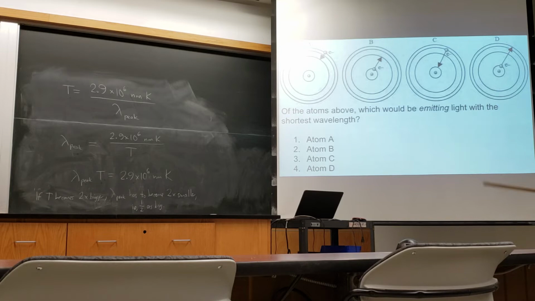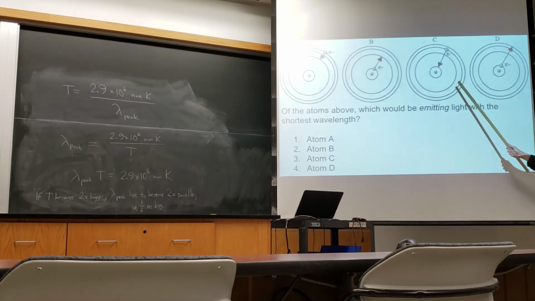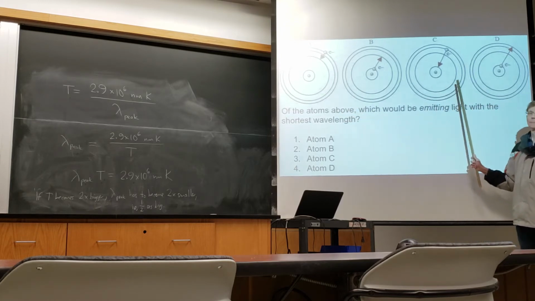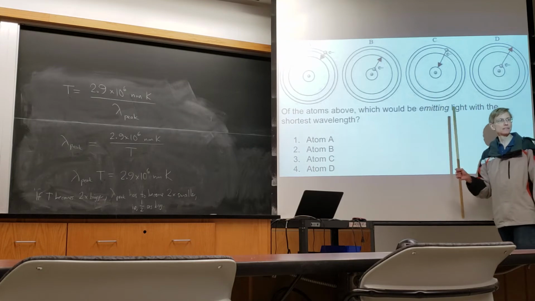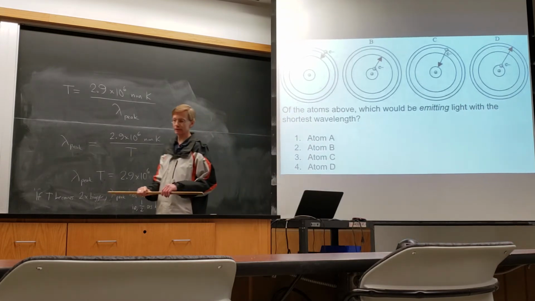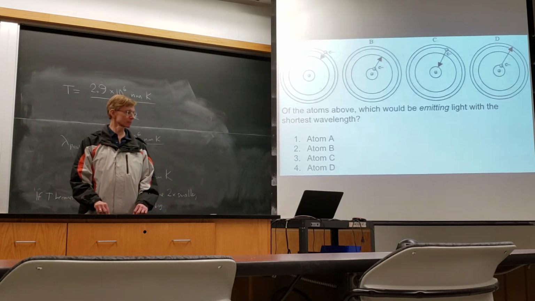The biggest inwards jump is the most energetic loss of energy by the electron, and thus emitting light with the shortest wavelength, highest energy. So A and C are the ones where the electron is dropping down, giving off energy. Which one is more energy being given off, A or C? C. So C is the answer to that one. C must be the one emitting light with the shortest wavelength.